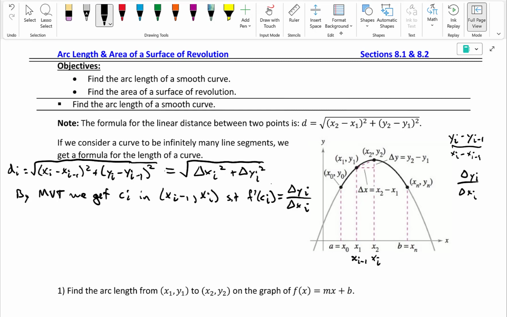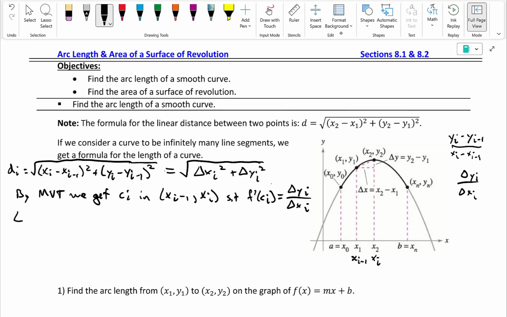Right, our mean value theorem in Calc 1 for derivatives said if we had a nice continuous function on the interval, there was some value c in there where the instantaneous rate of change was equal to the average rate of change. And so we'll use that result to get rid of some of these average rates of change to bring in our derivative.